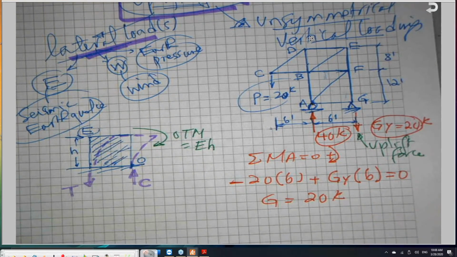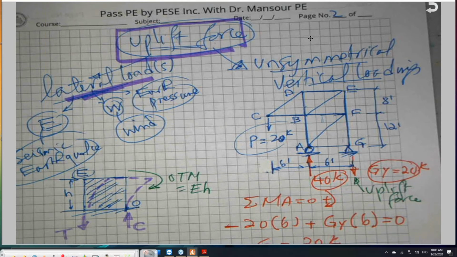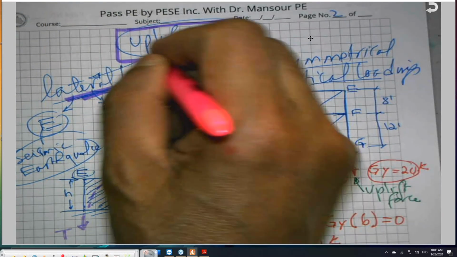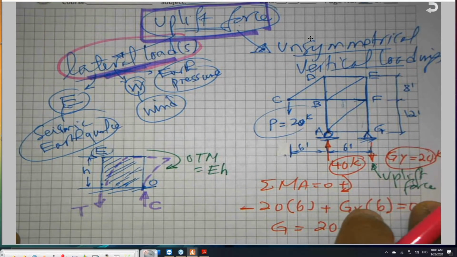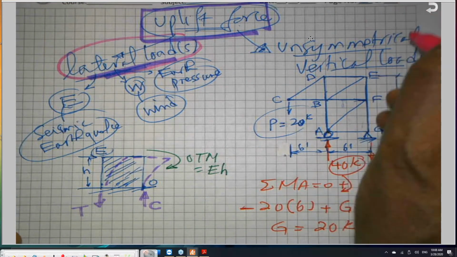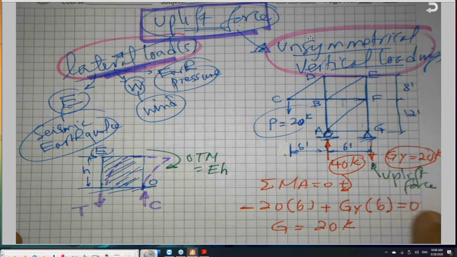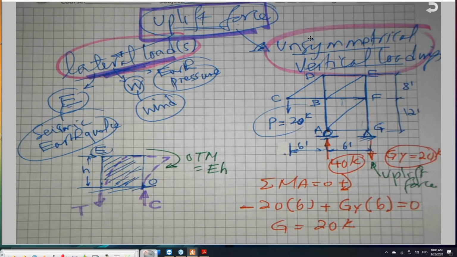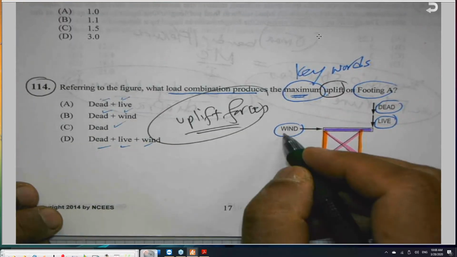So I need you to remember that the uplift force could be generated due to the application of a lateral load or lateral loads for more than one, and unsymmetrical vertical loading. The problem he gave me here has both. It has wind load.